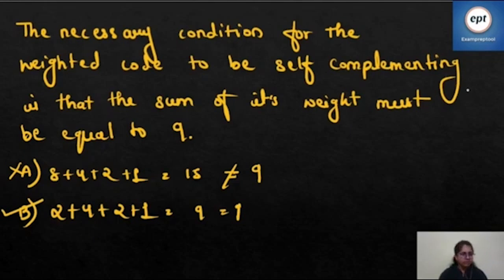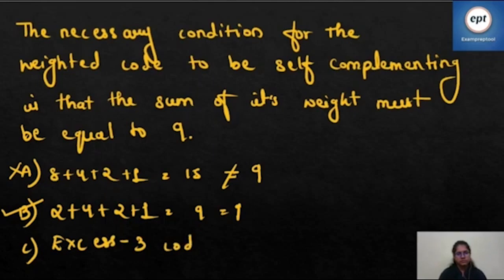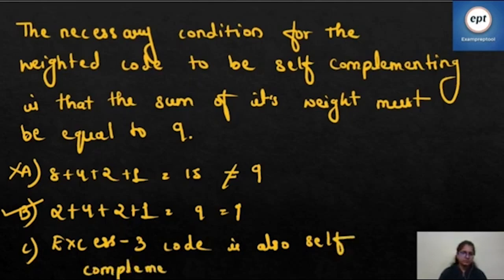It is self-complementing. Okay. And excess 3 code is also self-complementing. So please remember this, that excess 3 code is also self-complementary, and excess 3 gray code is not self-complementary.